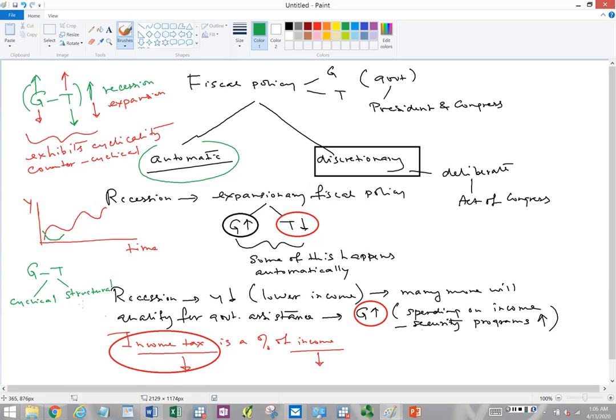So the structural part of the budget deficit remains even at full employment. Right? So to recap quickly, we have the automatic aspect of fiscal policy and the discretionary aspect of fiscal policy. Related to the automatic part of fiscal policy is the cyclical part of the budget deficit. Right?